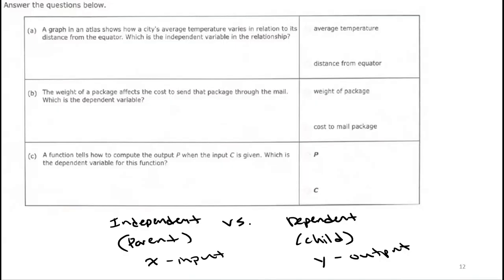The first one says a graph in an atlas shows how a city's average temperature varies in relation to its distance from the equator. Which is the independent variable in the relationship?